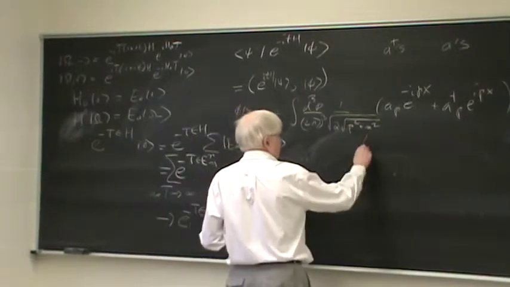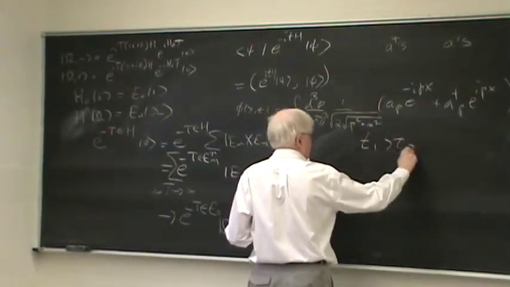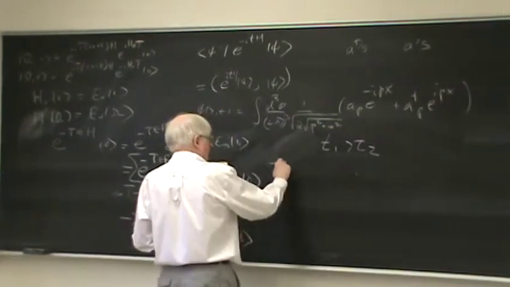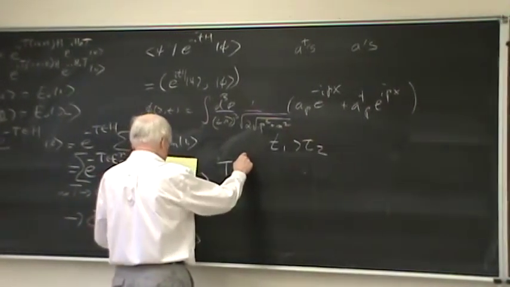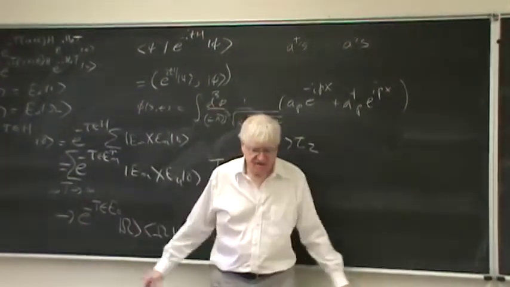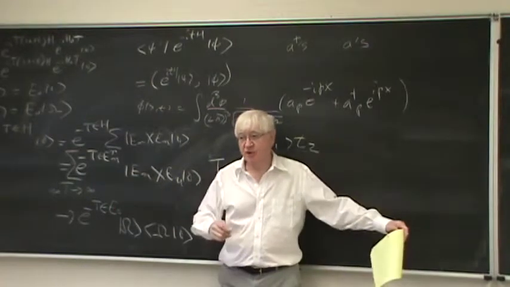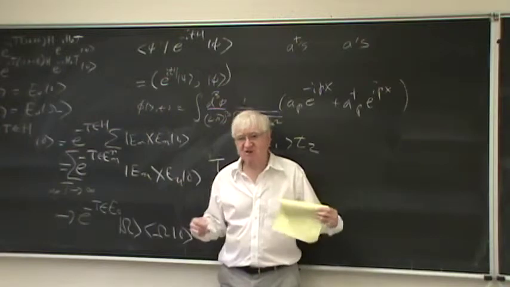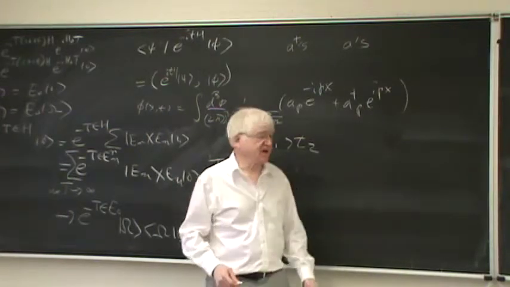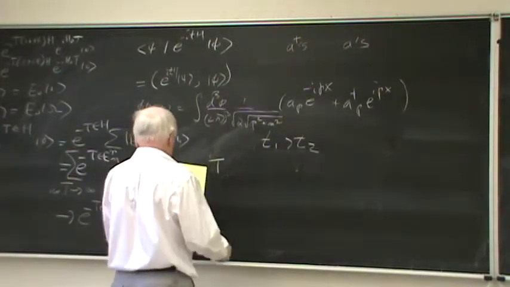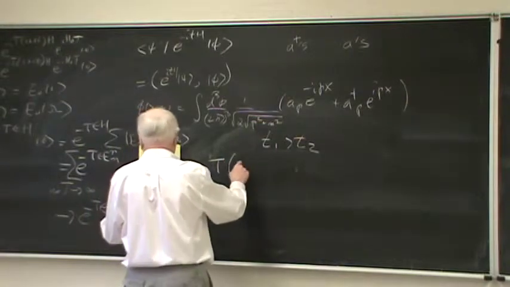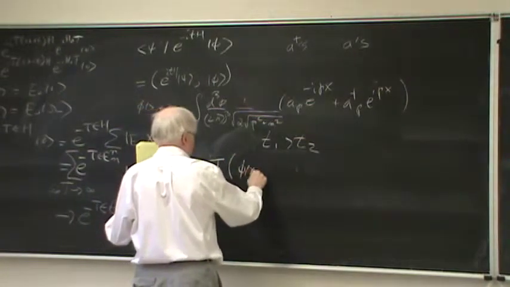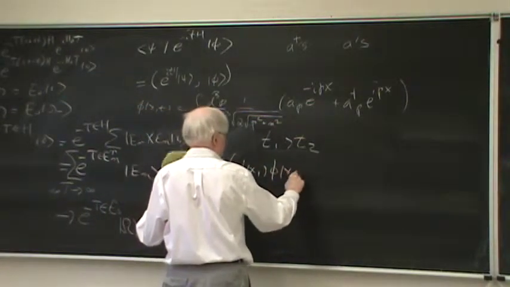So let's think about the case T1 greater than T2, and now we have the time-ordered product. By the way, the deal is that the time-ordered product is a normal-ordered product plus a bunch of contractions. Contractions are basically Feynman propagators, or products of Feynman propagators. So let's see how this works. It's phi(x1) phi(x2).